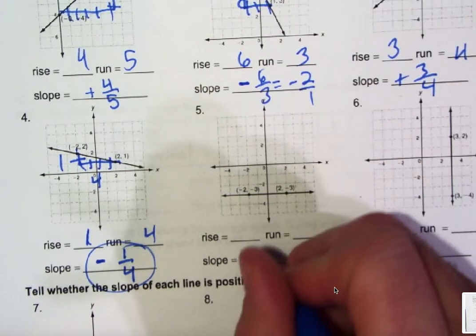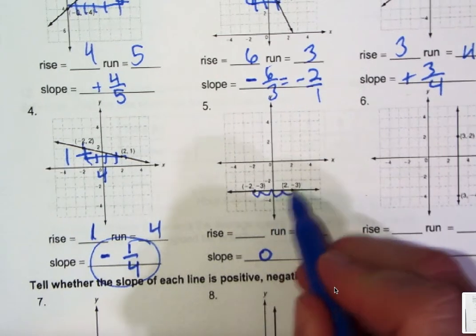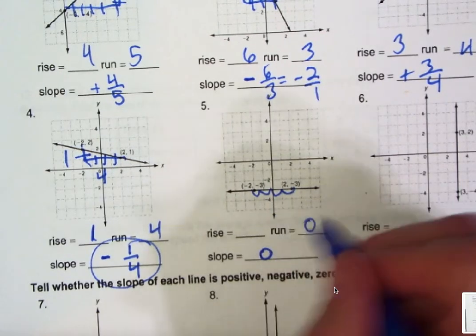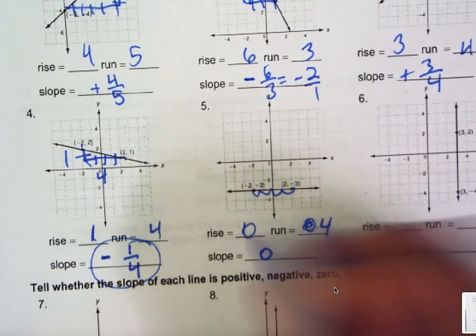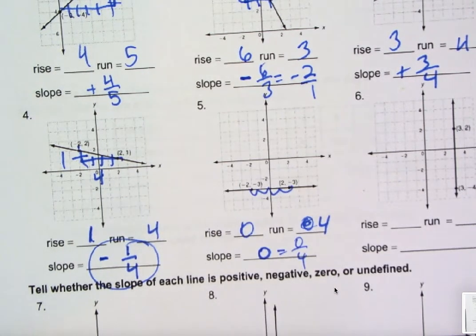I know the slope is going to be 0 anyways, but I'll do it. The run is 4. The rise is 0. So 0 over 4 is 0, so it doesn't matter.